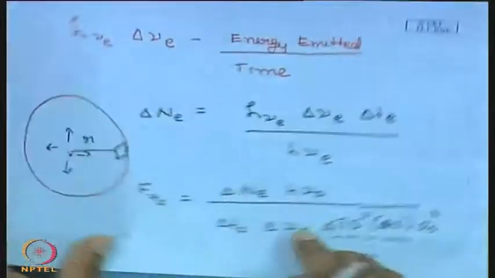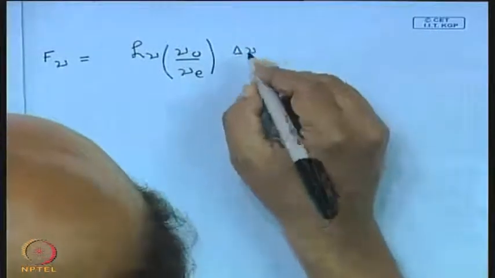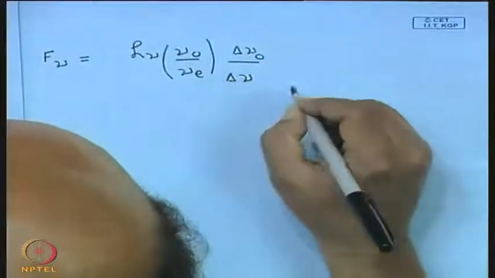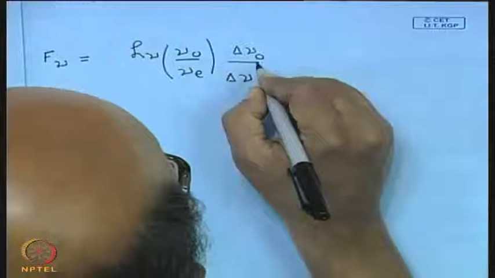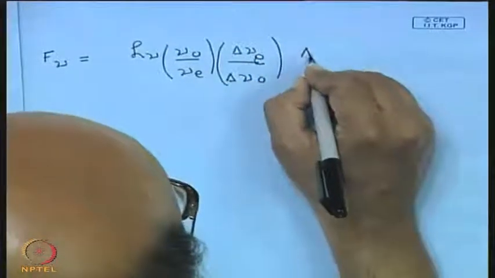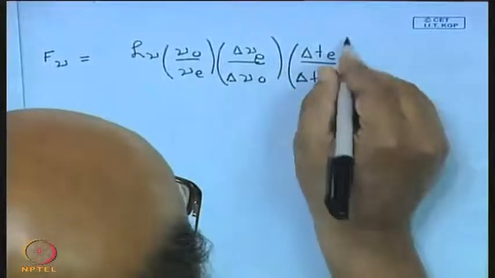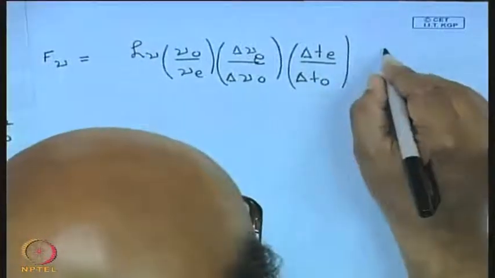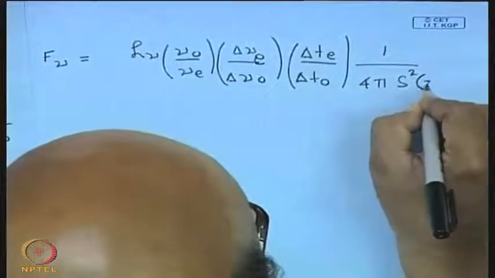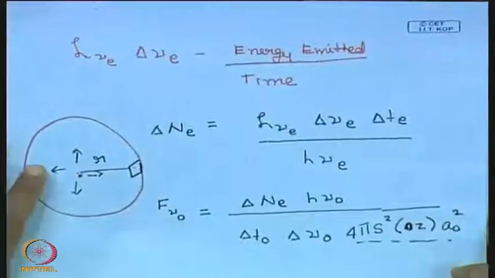I will have delta nu observed by delta nu emitted, delta t emitted by delta t observed, into 1 by 4 pi s square z. Okay, that is what we have.